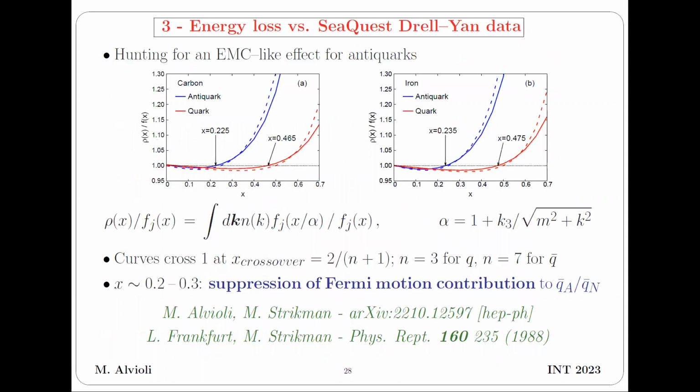What we did is first we checked what a Fermi motion approximation would suggest for this kind of process, and our conclusion was that the optimal range to search for an EMC-like effect for anti-quarks would be for x between 0.2 and 0.3, because it's around the crossover where the Fermi motion would be negligible for an EMC-like effect.